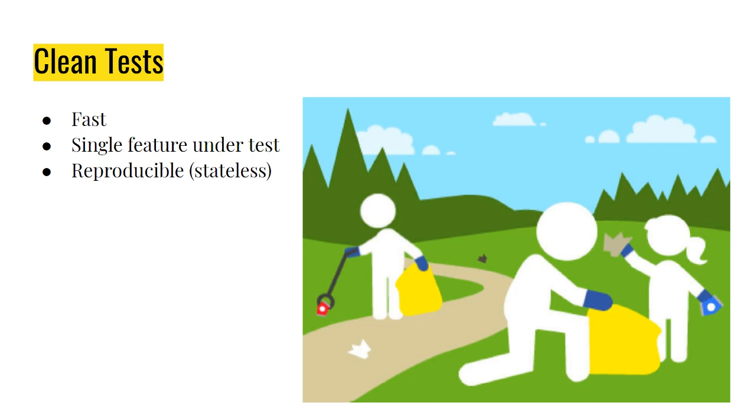Clean tests, or in other words, how tests are supposed to be, are fast, and they have a single thing under test. Another important aspect for clean tests is that they are reproducible. In other words, if I can run my tests, then my colleague should also be able to run my tests. And if I run a test once, I should be able to run it twice as well.